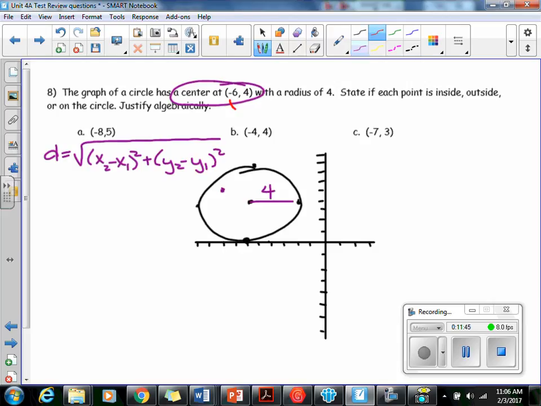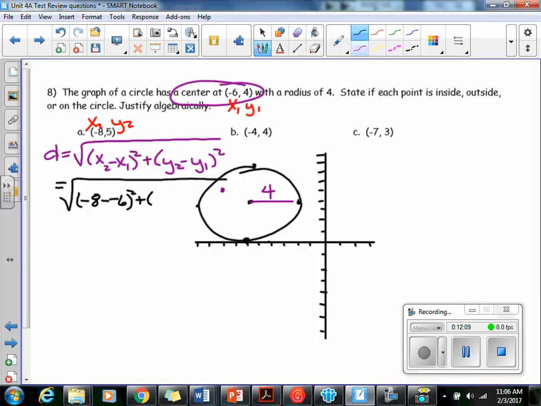You can let this be x1, y1. This will be x2, y2. All right, so you can help me out. I need to plug in. Alright, you ready? Yes, I am. What's my x2? -8. All right, so -8 minus, what is x1? -6.